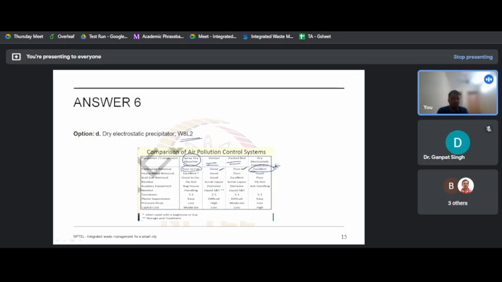It will usually be higher than 80%, 85%, and in some cases even 90% easily. Another issue with scrubbers is that regular cleaning needs to be done. Cleaning also needs to be done in dry ESP, but it is much easier to do there.